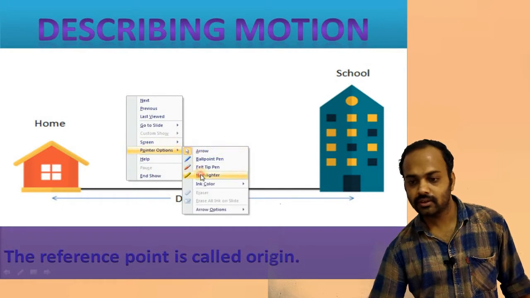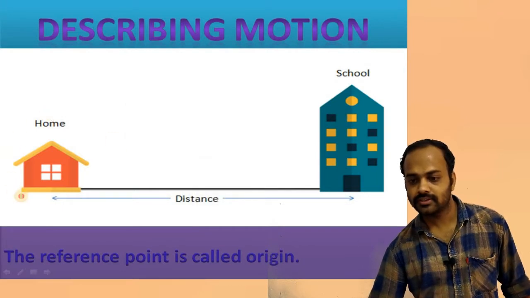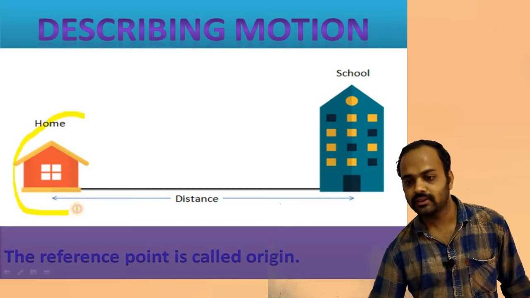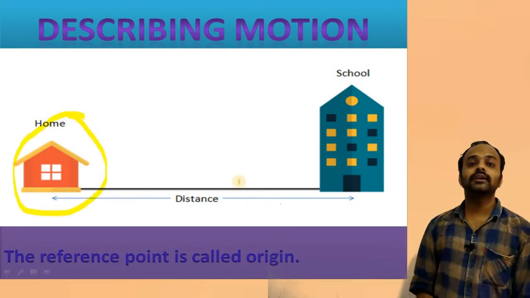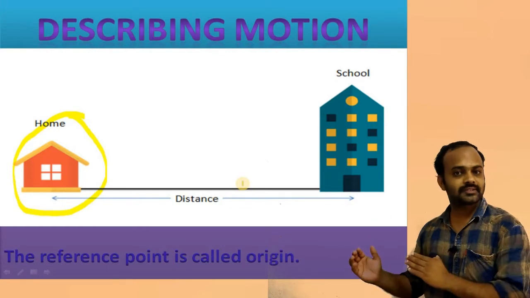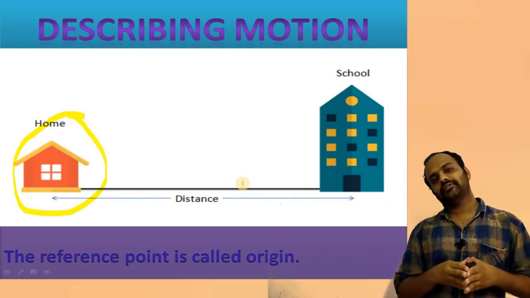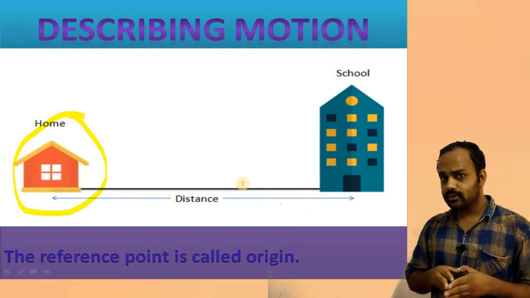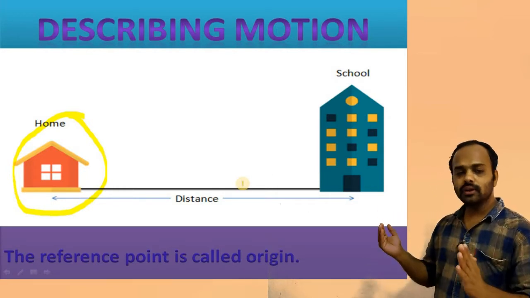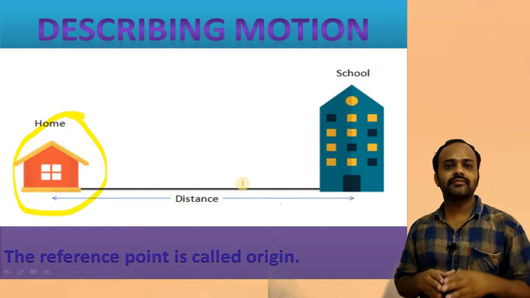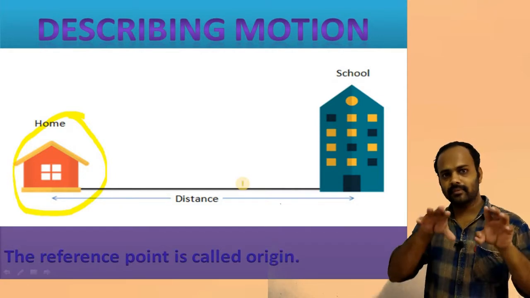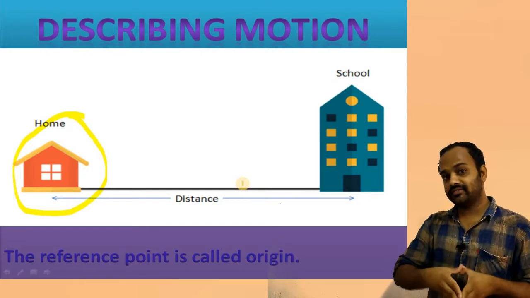To measure the distance of the school from the home, we took home as the reference point. Okay students, from home to school, say 5 kilometers distance. We referred to home as the reference point.